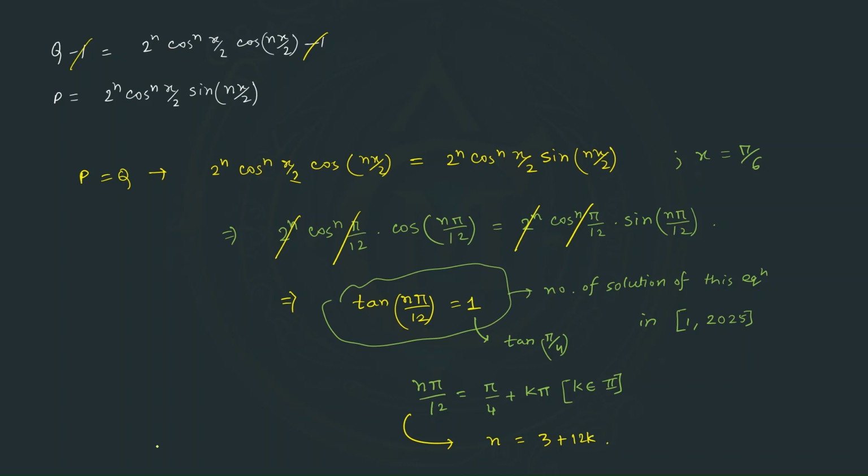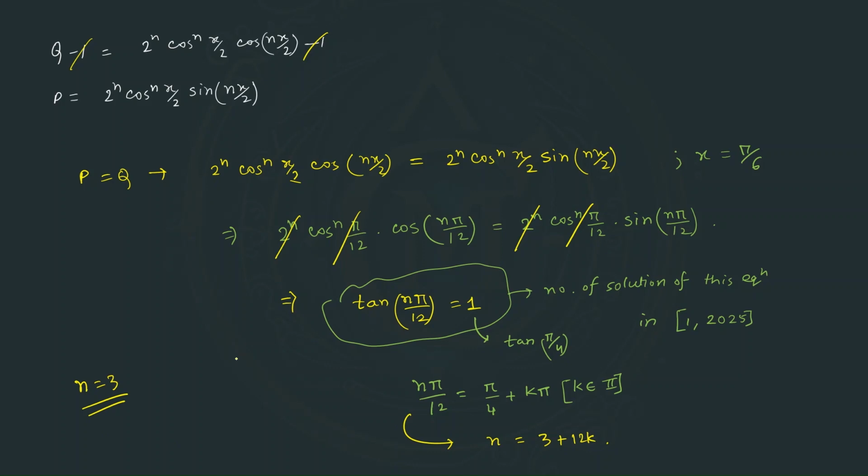Now we can see easily that n equal to 3 will be a solution when we put k equal to 0. K equal to minus 1 we cannot put because 3 minus 12 will be negative, and n is a natural number because n should be such that the binomial coefficient is defined. So n cannot be less than 0.